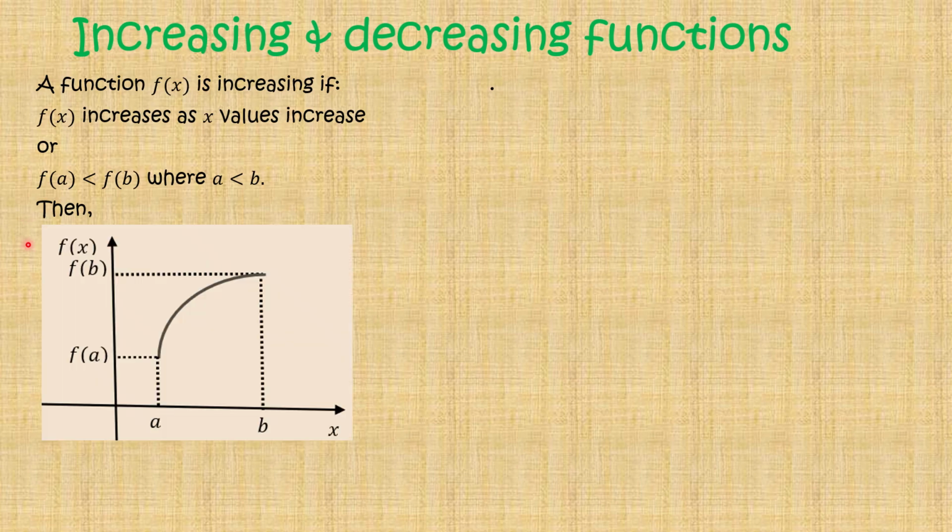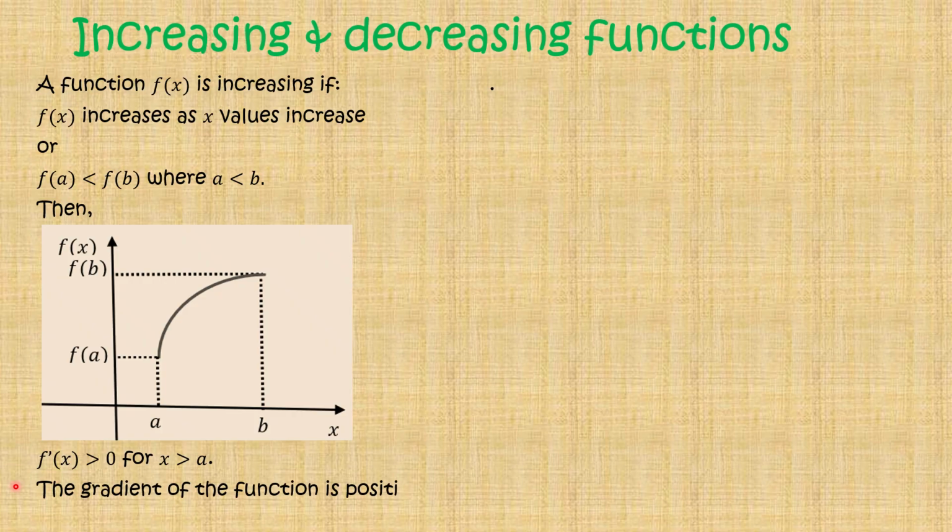According to the graph, we can see here that f of a is lower than f of b, whereas on the x-axis, a is less than b. That is what we implied. Therefore, f prime of x is greater than 0 for the x values that are greater than a, since the gradient of an increasing function is positive.